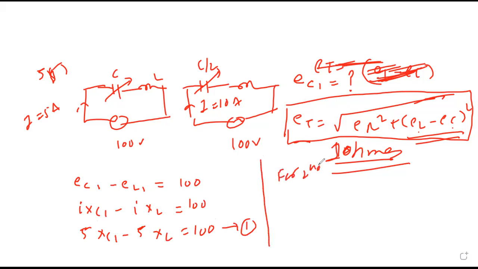For the second condition, 10 times XC2 minus 10 times XL is constant, equal to 100, equation 2.